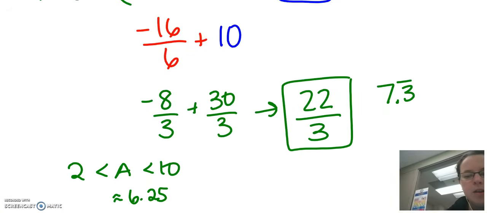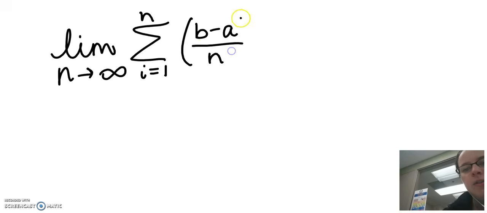One more time, our formula, which you are responsible for knowing. The limit as n goes to infinity, we are summing from i equals 1 to n. The width of each rectangle will be determined by our interval divided by the number of rectangles.